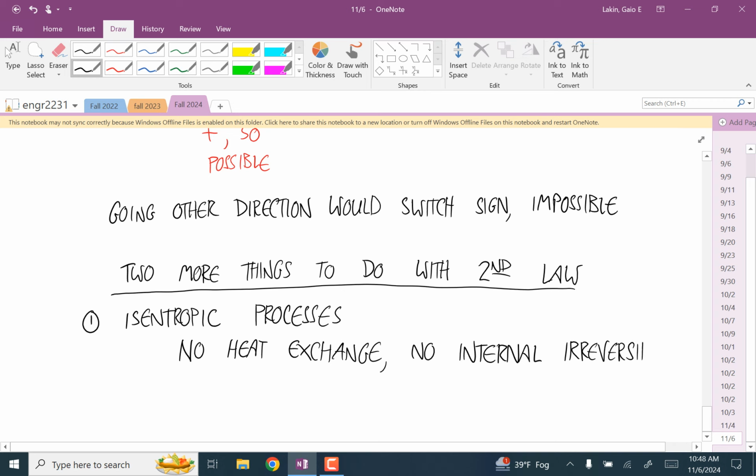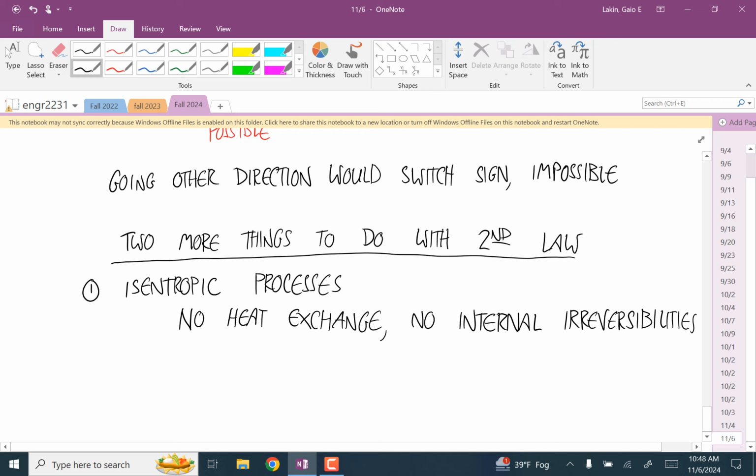That's just an assumption you can make sometimes, and when you can, it gives us a little bit of extra calculation power. And then the second thing we have to do is control volumes for the second law. So we'll get into that stuff next time. Okay, bye.